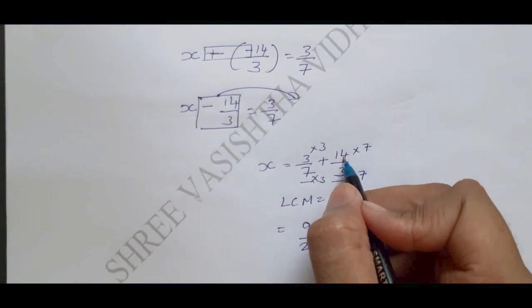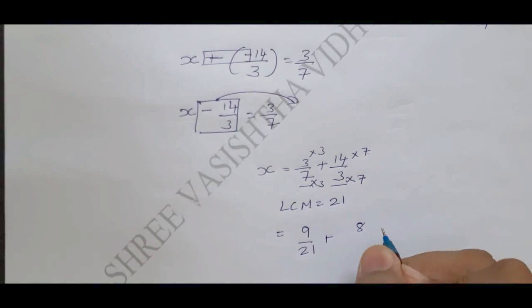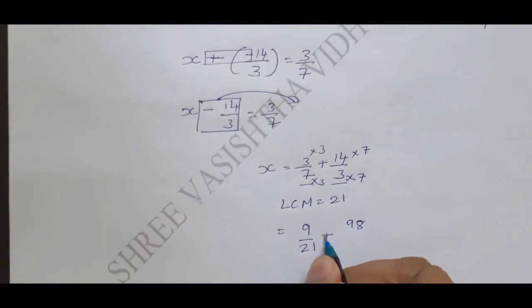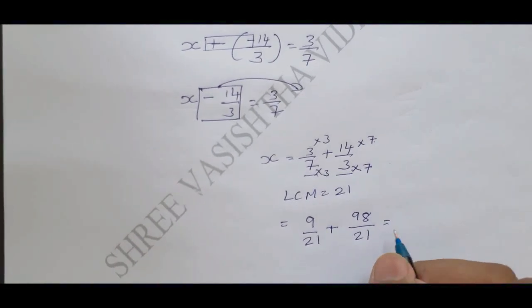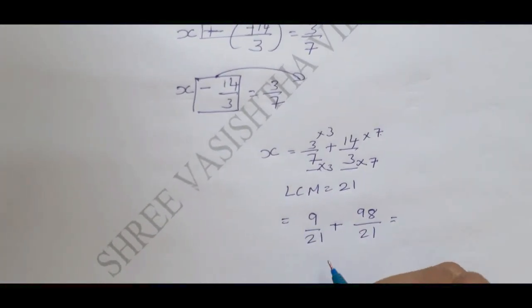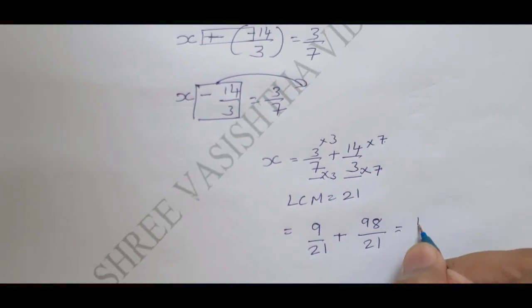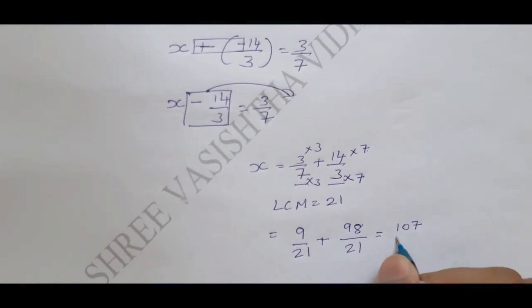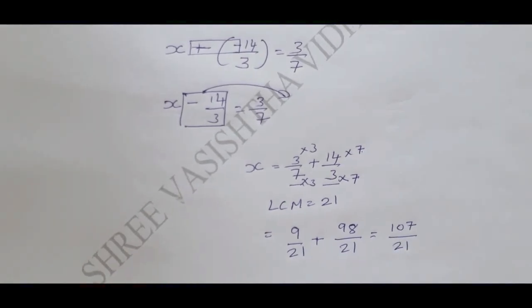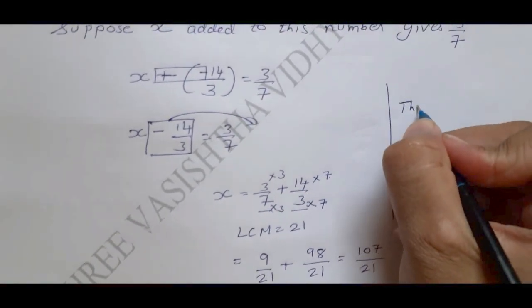Now 7 fours are 28, 7 is a 7, so 9 upon 21. Then we are going to add it. So 98 plus 9, so it will be 107 upon 21.